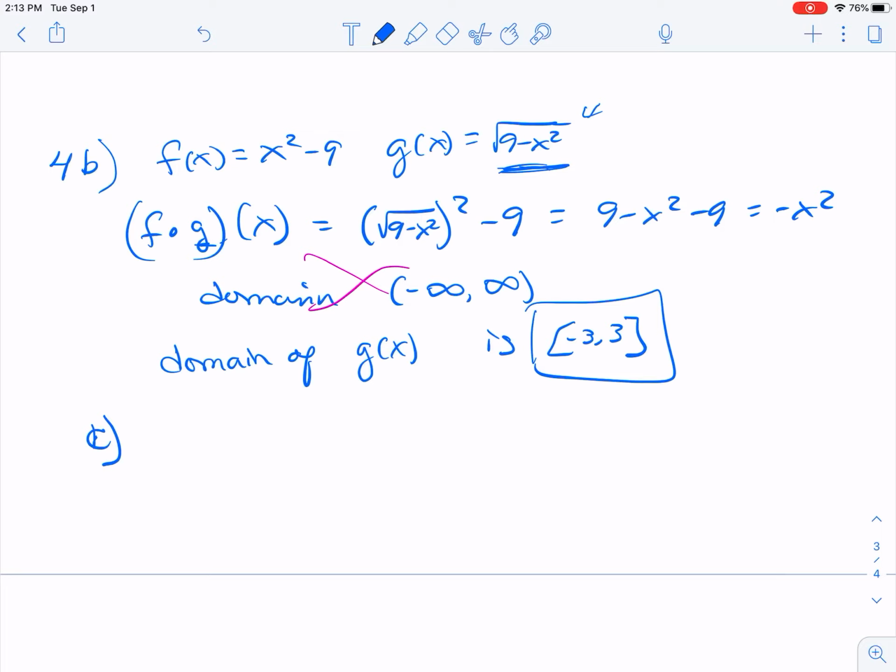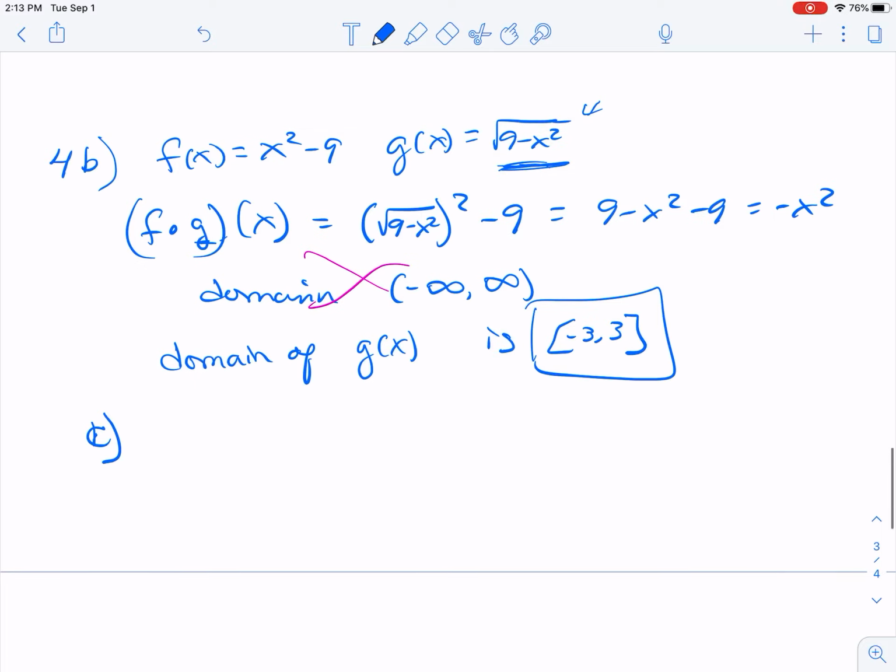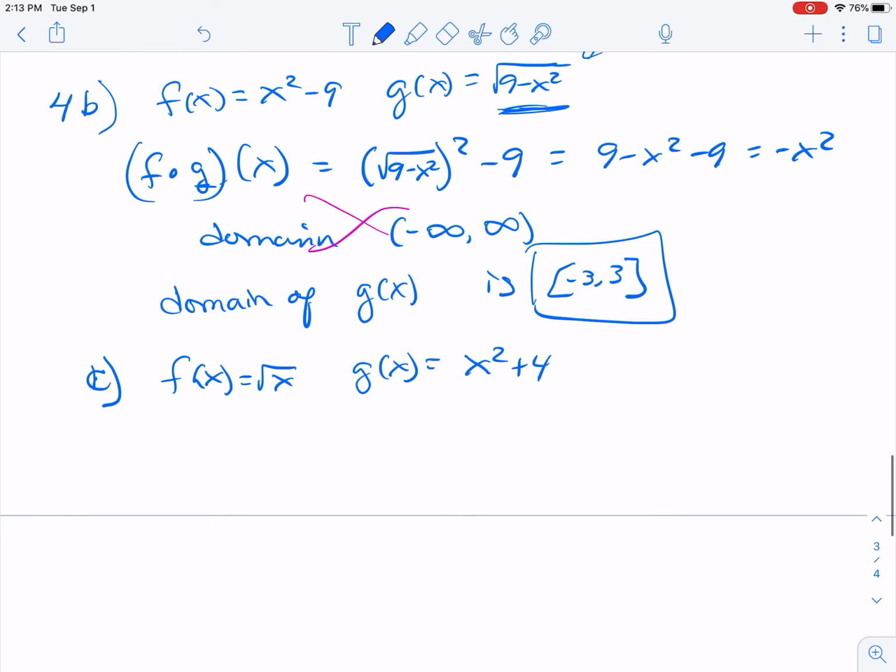I have f of x equals the square root of x, and g of x equals x squared plus 4. If I do f of g of x, so I'm going to put this in here, I'm going to take the square root of x squared plus 4.